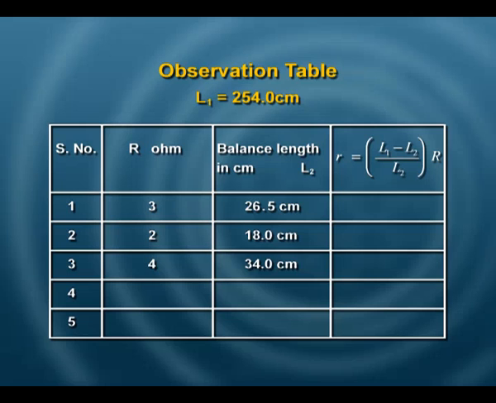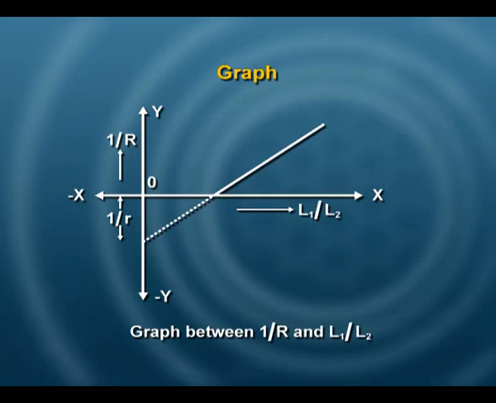You can find the mean of that. You can also plot a graph relating 1 upon R and L1 upon L2. The slope of that line comes out to be the reciprocal of the internal resistance. You can work that out and do it as a project.